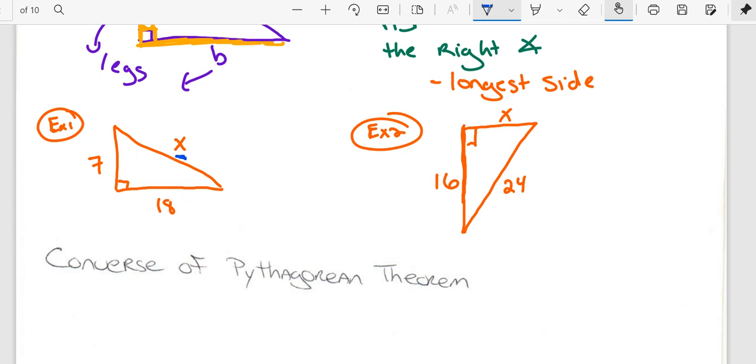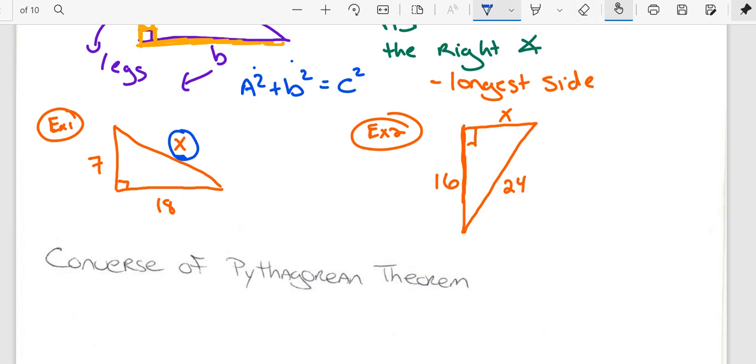First thing you want to do is decide whether the side that's missing is a leg or the hypotenuse. That's going to be important because you know whether you should plug in for A or B, or if you should be plugging in for C. A lot of students just always think they can put the two numbers in the first two spots and it'll just work itself out. That's not true. The hypotenuse has to be the isolated side.